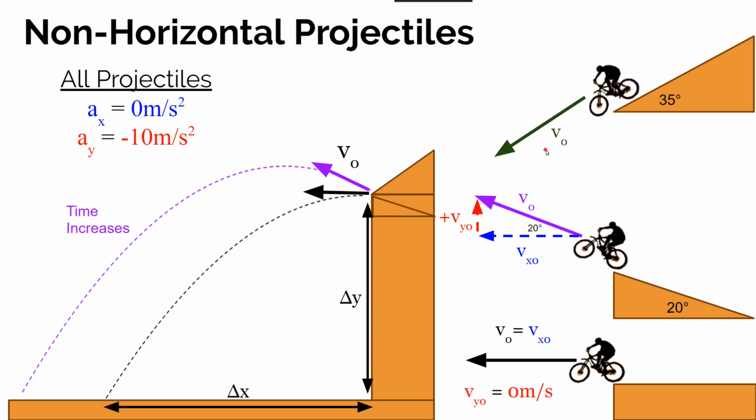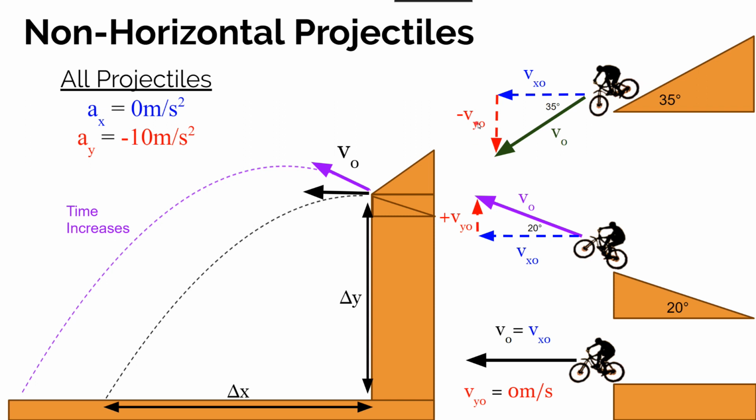In the situation of the downward angle launch, again, we're going to split up its initial velocity into its x component and y component. And if this thing is launched downward, then the y component will be negative, and that has implications for how much time it's going to spend in the air. If we're thinking about just the vertical part of the motion, if you have a negative initial y velocity, it's like you've thrown something downward versus just letting it drop.